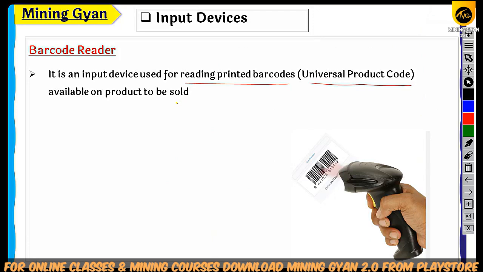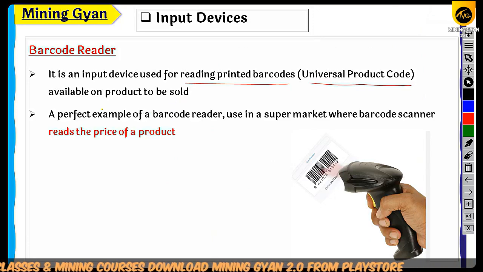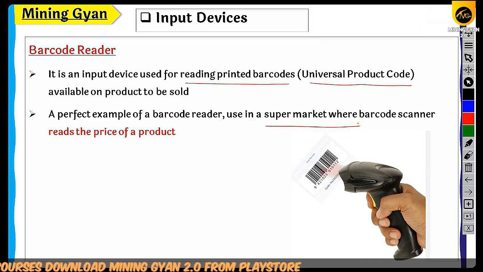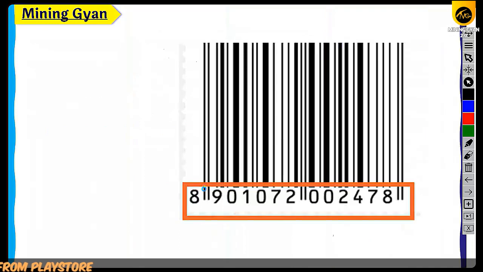So to read the barcode of any kind of product, we can use the barcode reader. A perfect example is in the supermarket, where the barcode scanner reads the price of the product. You can see that this is the barcode and this is the barcode reader. A barcode holds a lot of information about the product.